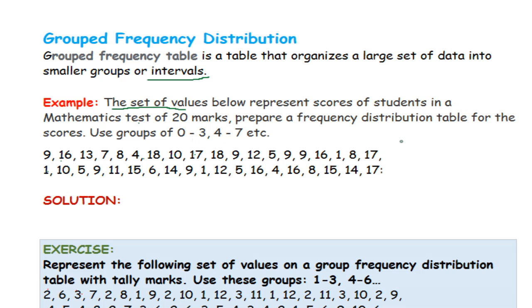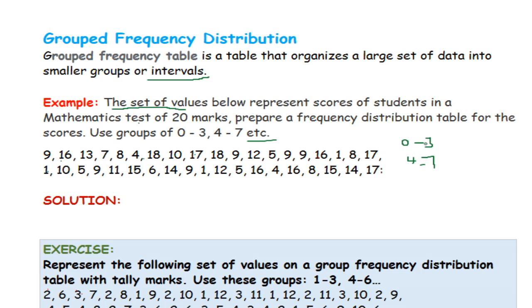Our goal is to confirm the number of students who scored between 0 to 3 marks, and the number who scored between 4 to 7. Etc. here means we should follow the pattern in which these groups are written, and form our own groups based on the groups given to us.